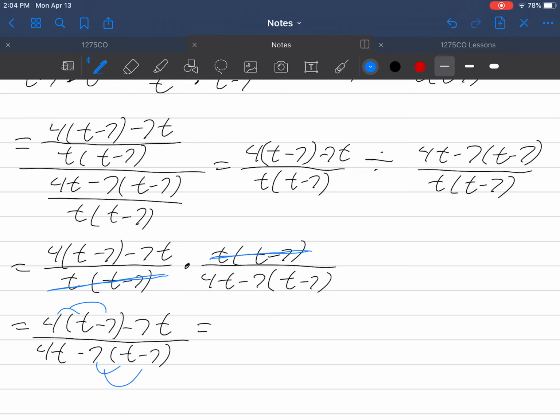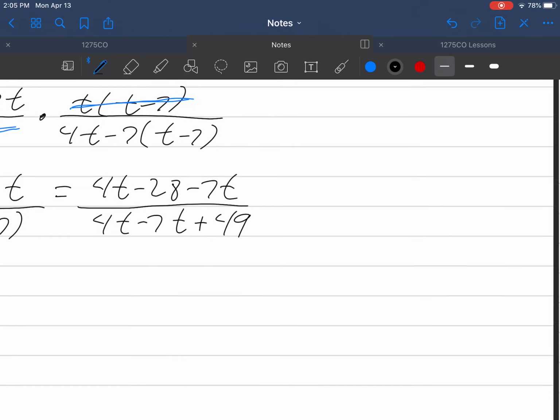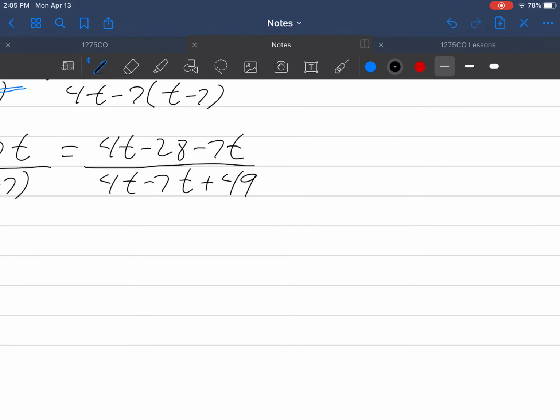We are going to distribute to reduce this rational expression. So 4t minus 28 minus 7t divided by 4t minus 7t minus 49. Negative 7 times negative 7, that should be a plus 49.